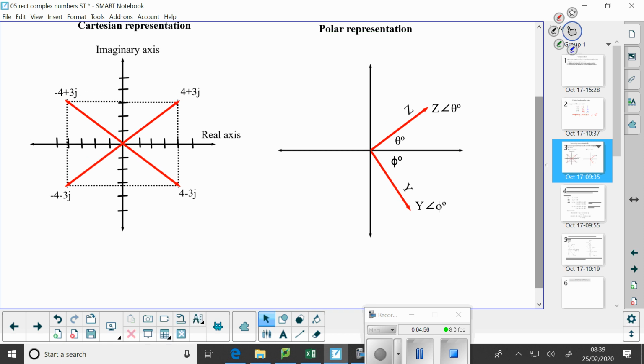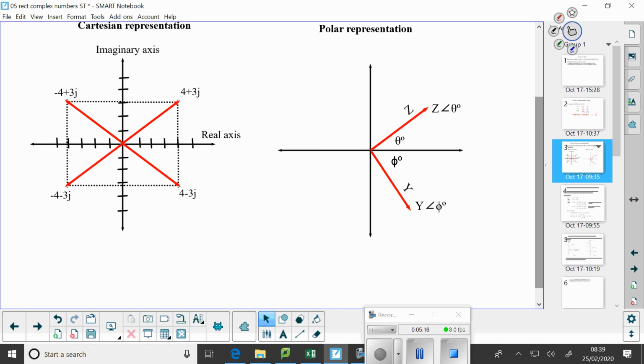Alright, we can represent quantities, and vectors if you like, and more about those later, in terms of a real axis, which is the horizontal normal x-axis that we have, and an imaginary axis.